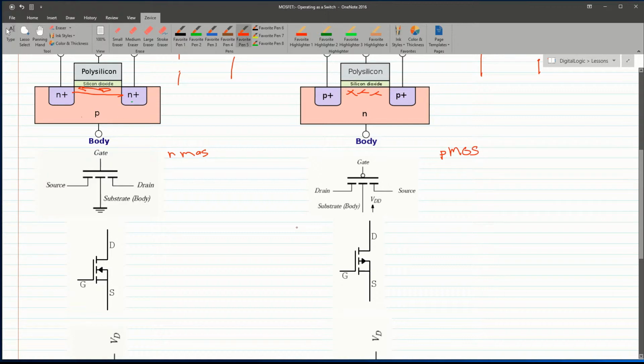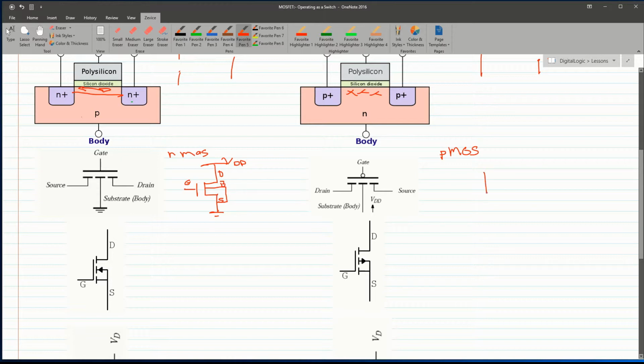Now, what I want to also cover is the substrate, the body. We'll connect it up again. We've got our gate, our drain, our source here. That's connected to VDD, which is amount of voltage applied, and the body is generally connected to the source.